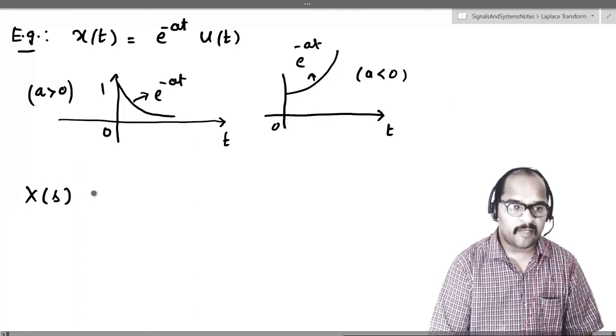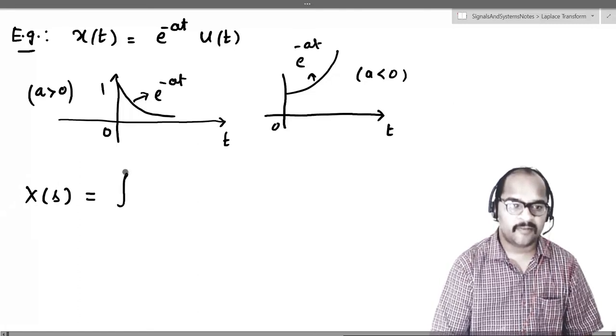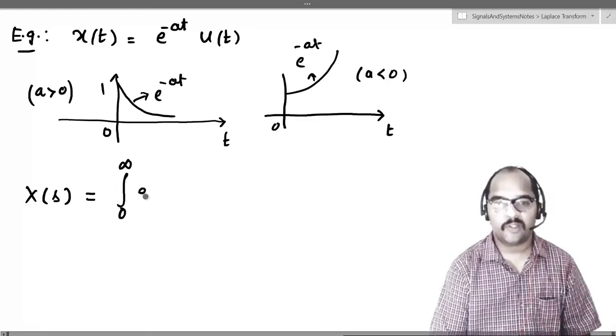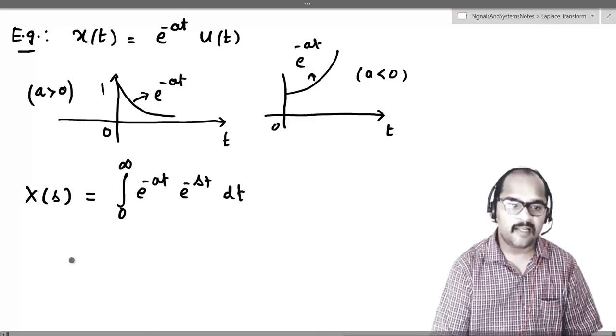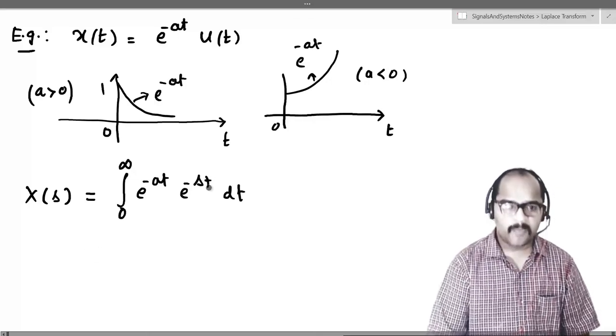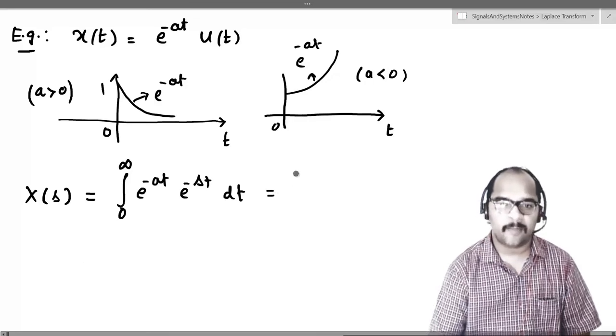So what will be our X of s? X of s would be an integral, because u of t is there. The integral will be from 0 to infinity e power minus at e power minus st dt. Now let us substitute s with sigma plus j omega.